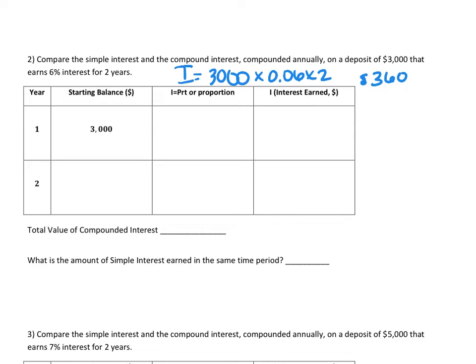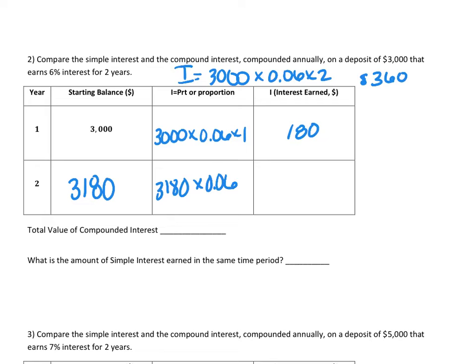Now what if I did it for 1 year? 3,000 times 0.06 times 1. And I got 180. I would take it back and say 3,180 times 0.06 times 1. And I would get 190.8. Total value of compound interest is 370.8. And he earned 360 for simple.